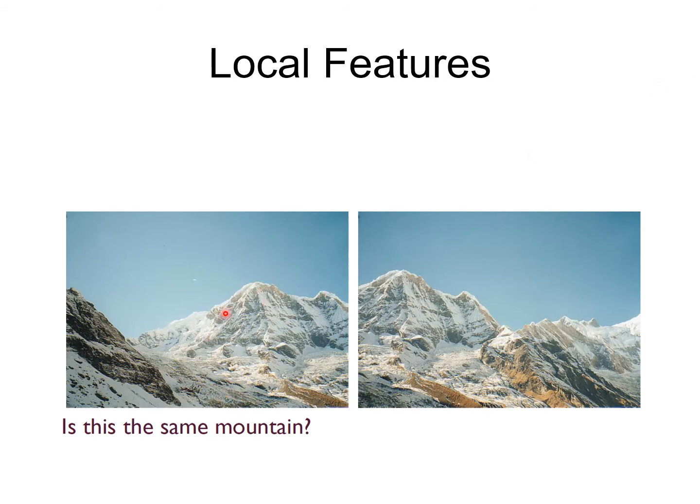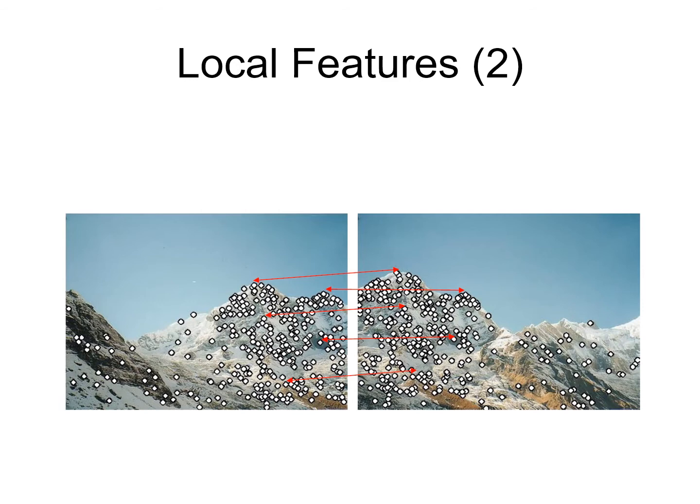So now if we have a source image, and we can find the correspondence in the target image, then we can also do classification: if there's a correspondence, they are supposed to be the same class. The local feature can also be used in image classification.